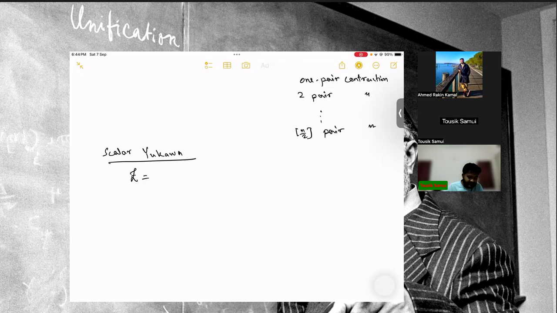In this theory we have two scalars, one is psi, another is phi, and they have mass terms, with phi squared.